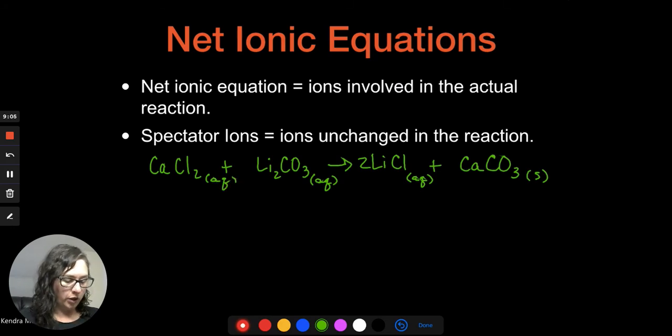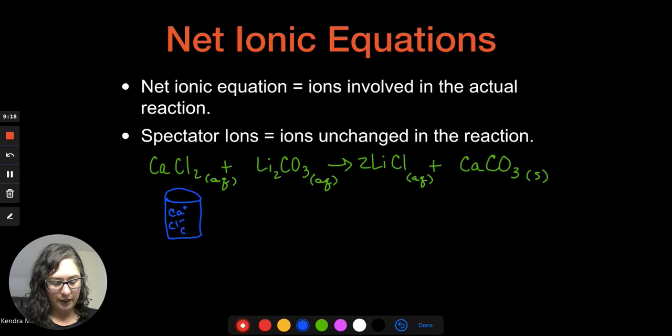If I look at what happens in this first one, I have a calcium ion and 2 chloride ions, Cl- and Cl-. In the second one, I'm going to have 2 lithiums, Li+, and then a CO3 2-.